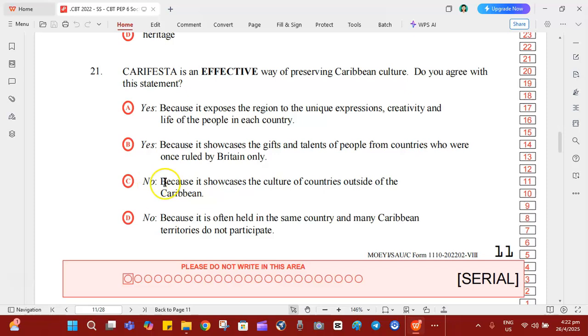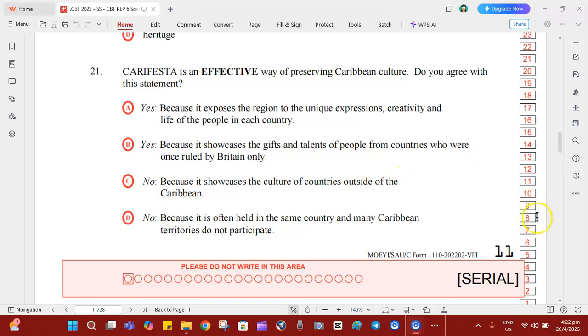C says no, because it showcases the culture of countries outside of the Caribbean. And D says no, because it is often held in the same country and many Caribbean territories do not participate. The answer is A. It is a way of preserving the culture because it exposes people in the region.